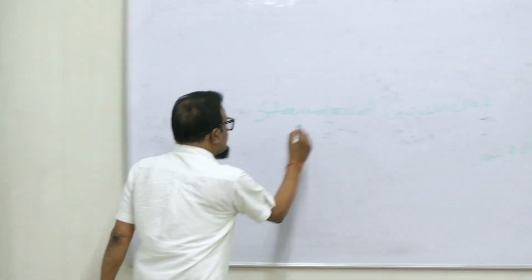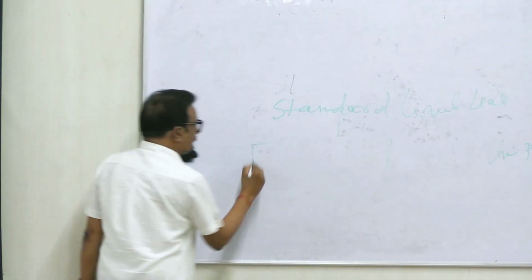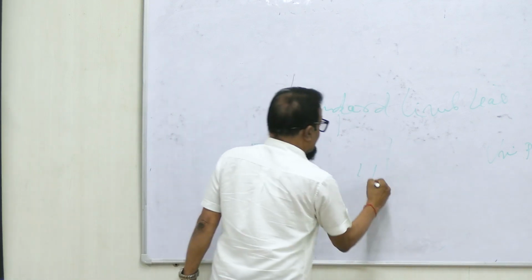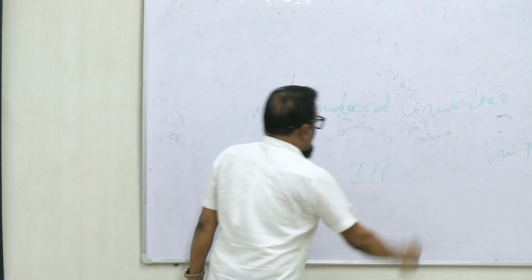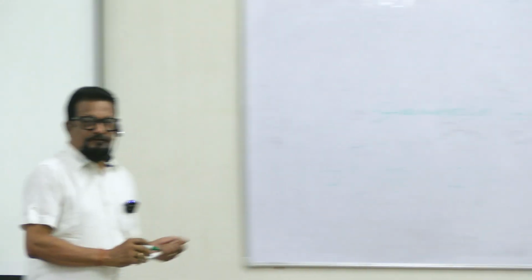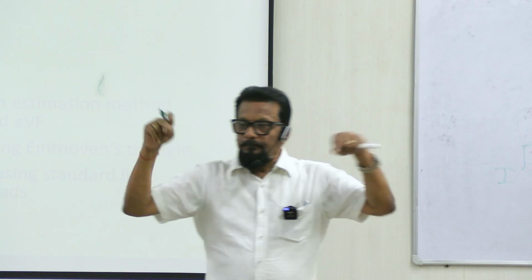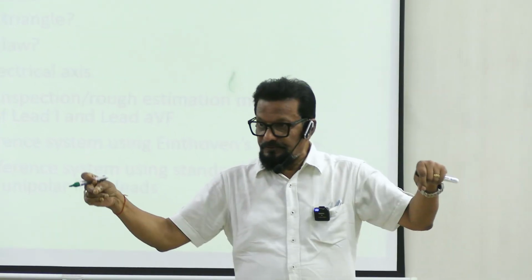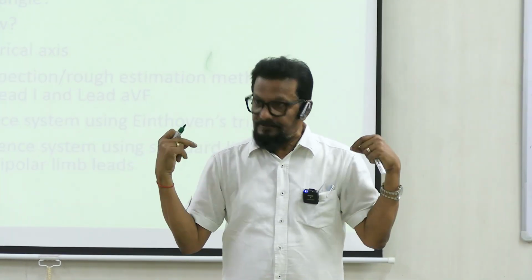There are three types of standard limb leads: lead 1, lead 2, and lead 3. How do we get lead 1, lead 2, lead 3? We record using electrodes. These electrodes are connected to the ECG machine.